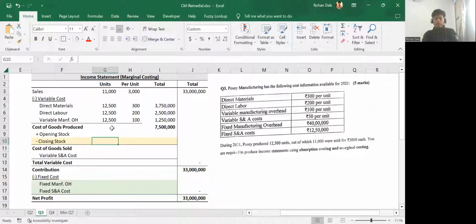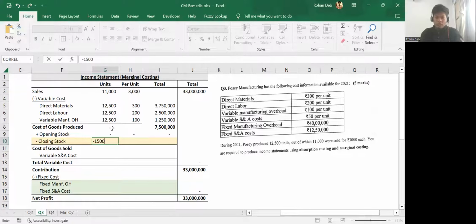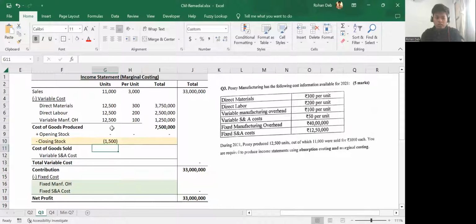Now, there's no opening stock, and the cost of opening stock is not there. If there was a cost of opening stock, I would have added that. This would be added back. If there was a closing stock, here there is a closing stock of 1,500 units. So I'll do a negative figure here so that the calculation directly shows negative. So 1,500 units were not sold.